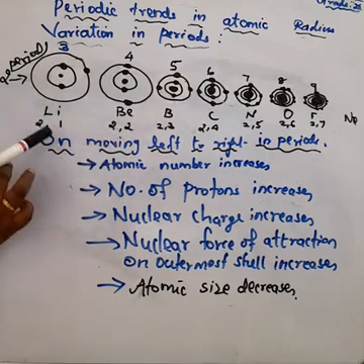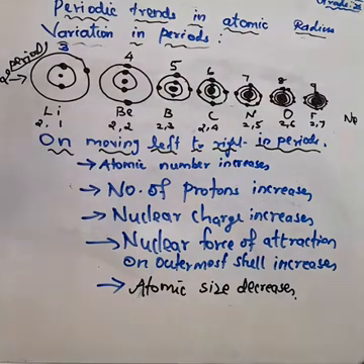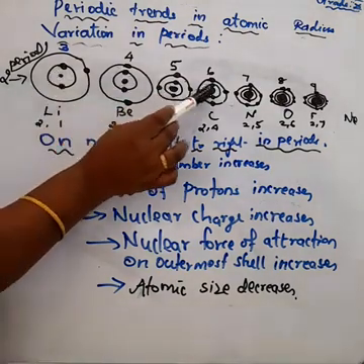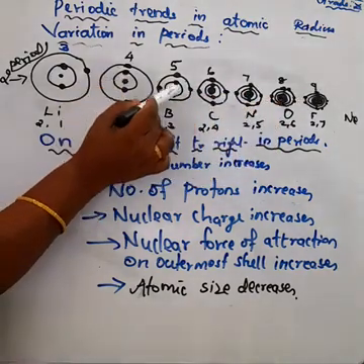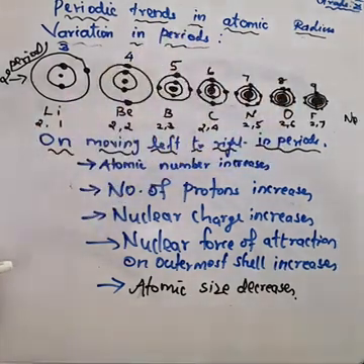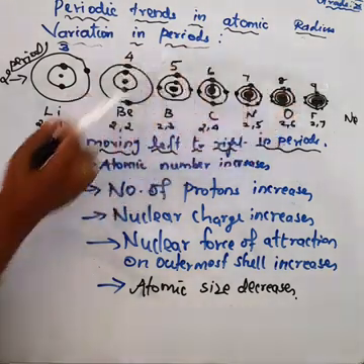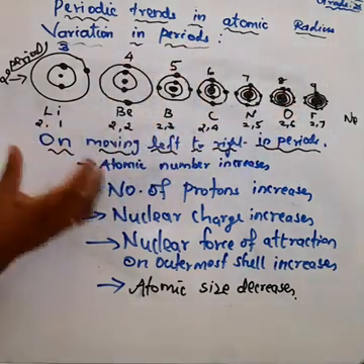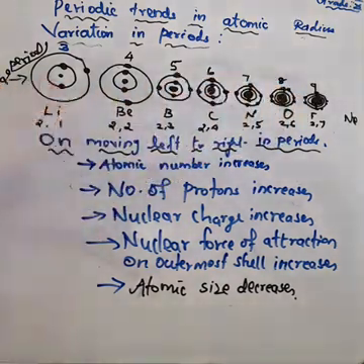the atomic size will decrease, because when the atomic number increases, the number of protons increases. The number of protons increases, which means the nuclear charge increases. The greater nuclear charge tends to pull the outermost shell closer to itself.